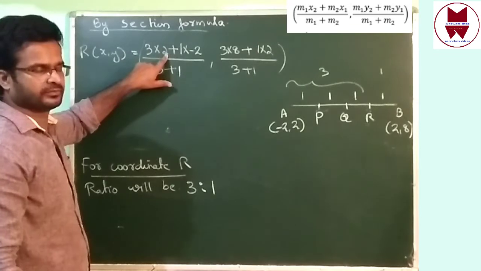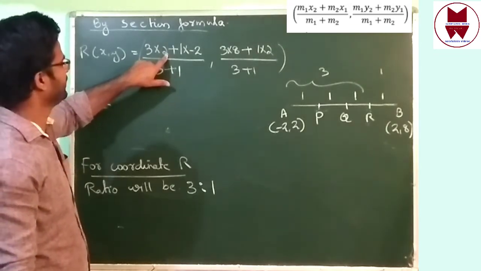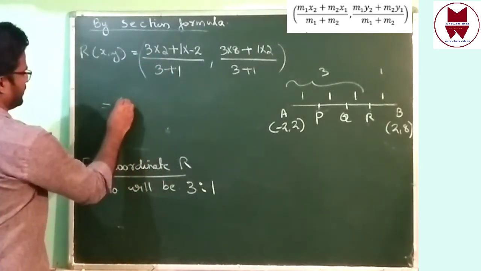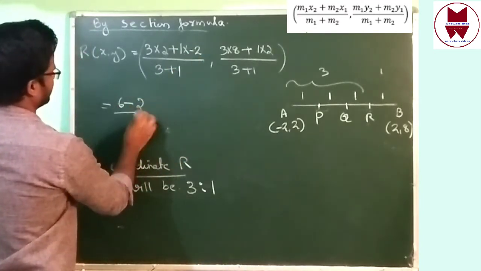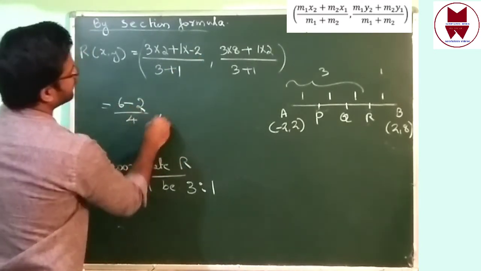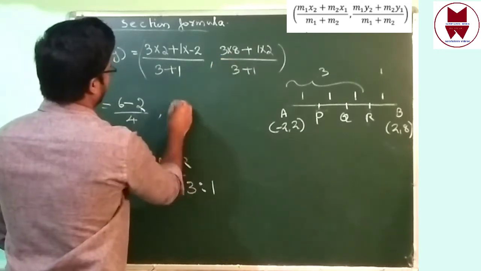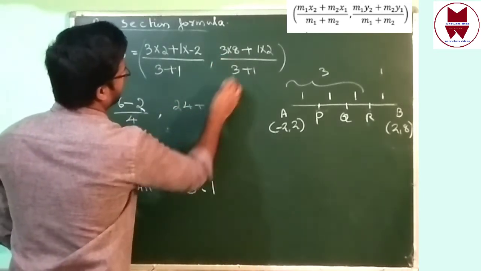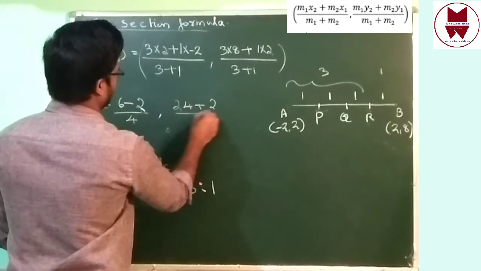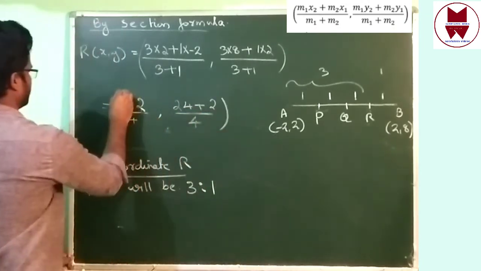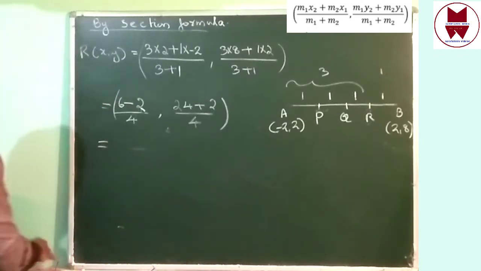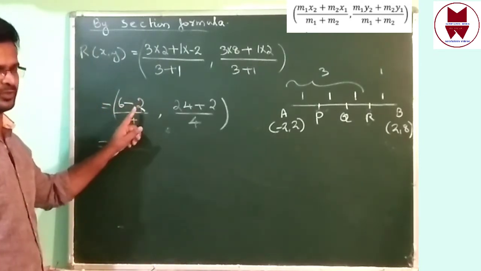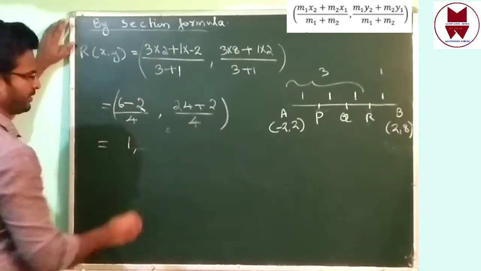3 into 2, how much? That is 6, minus 1 into 2, 2, divided by 4. Next, 3 into 8, 24, plus 1 into 2, 2, by 4. What will you get? 6 minus 2, 4. 4 divided by 4, 1, isn't it?